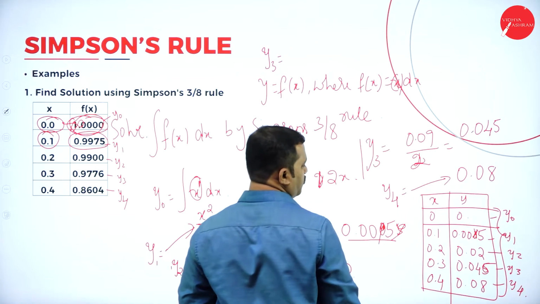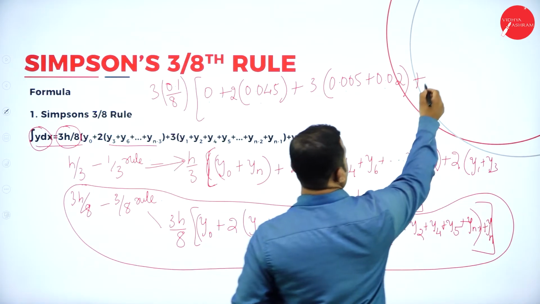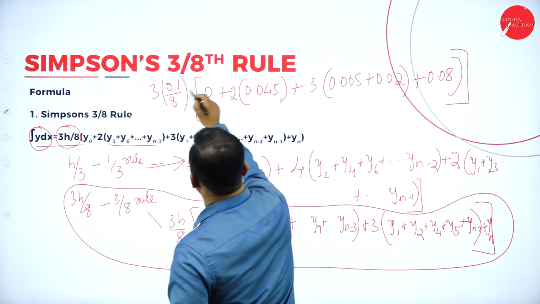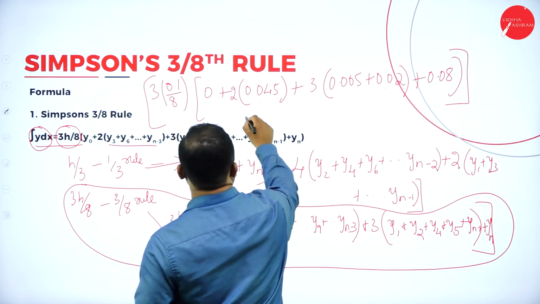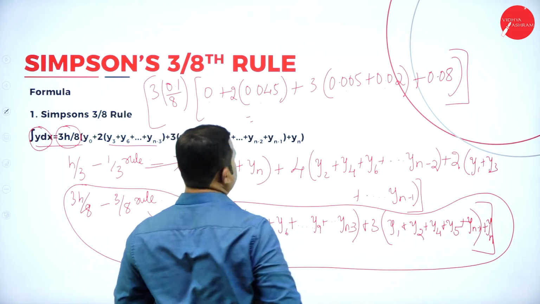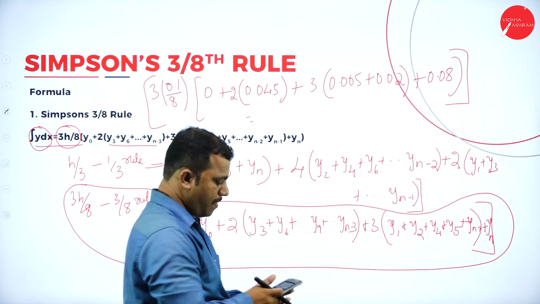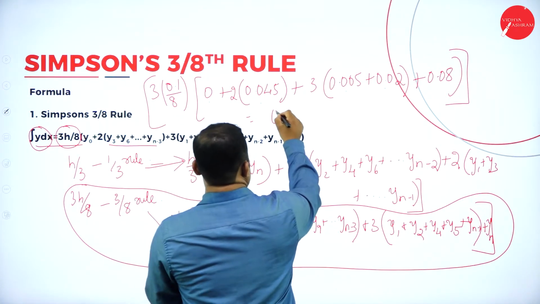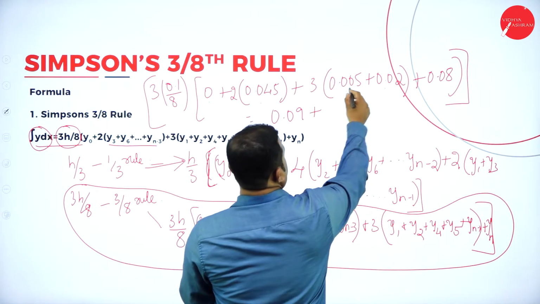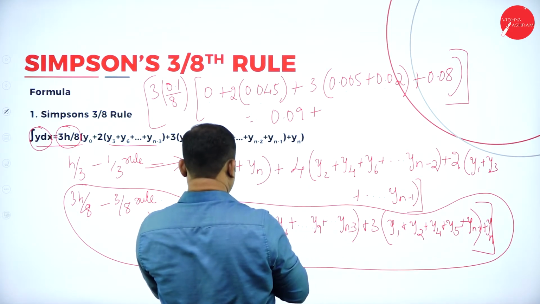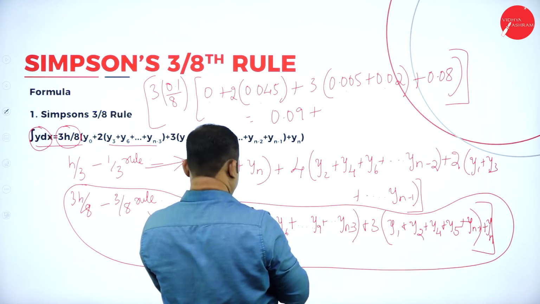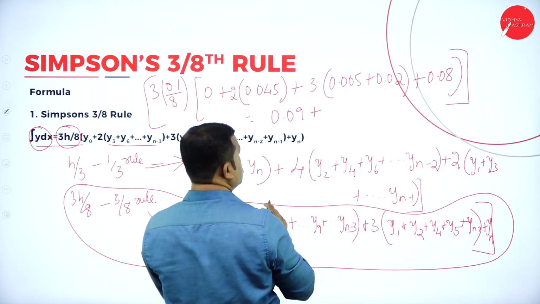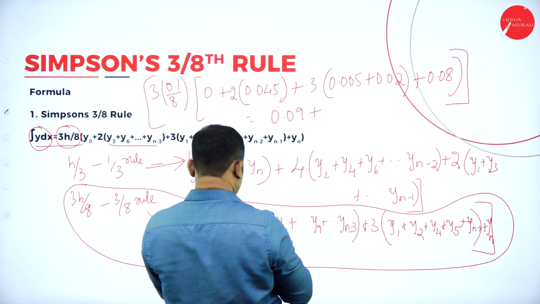What is the value of y4? 0.08. If I solve this, the solution would be 2 into 0.045, that is 0.09, plus this term, 0.005 plus 0.02 is equal to 0.025 into 3.